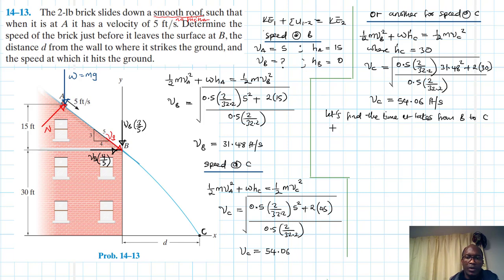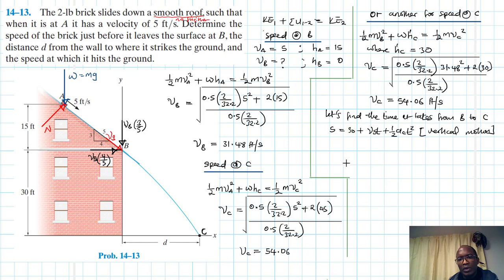Okay, so we are going to use this equation. S is equal to S naught plus V naught T plus half AC T squared, and we are using vertical motion.